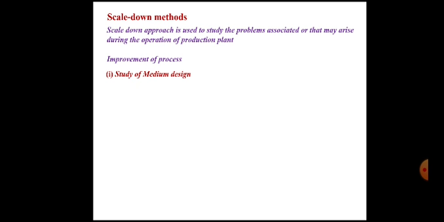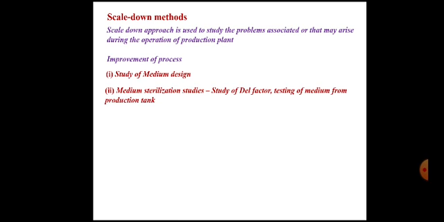What is done during scale down? The study of medium design. While the production plant is in operation, we may search for different medium designs. We may search for the medium ingredients to get a different combination of medium.